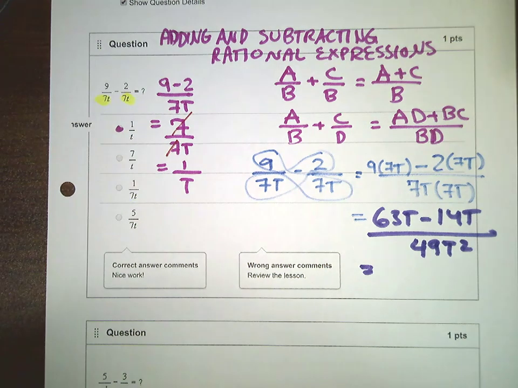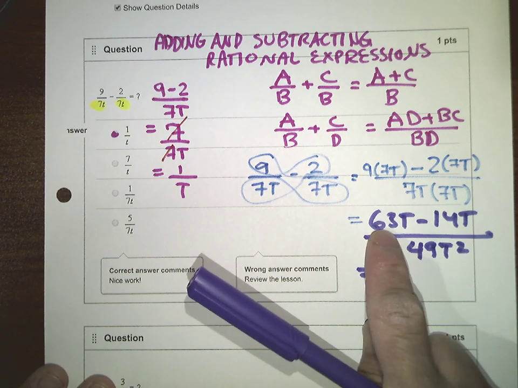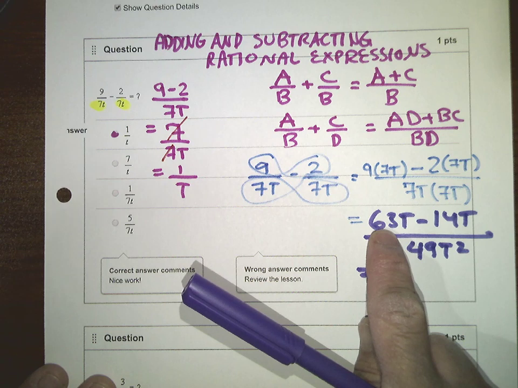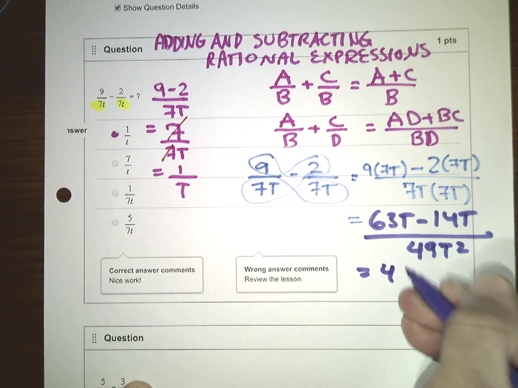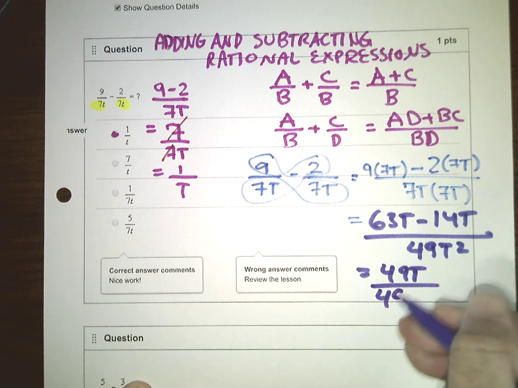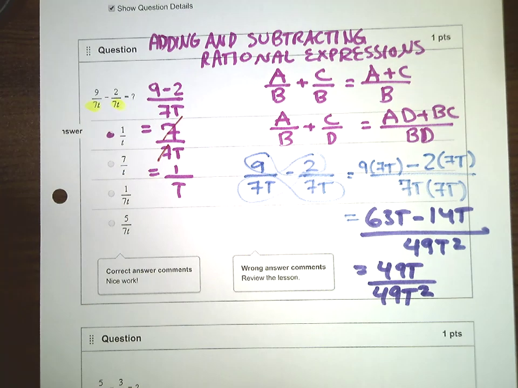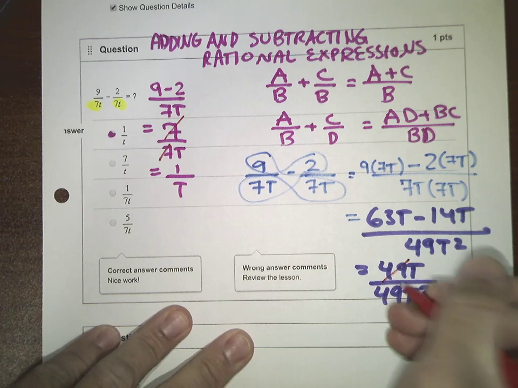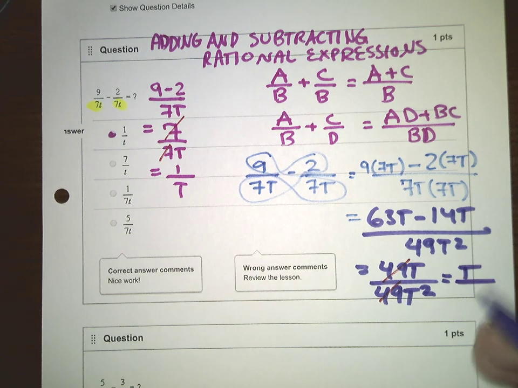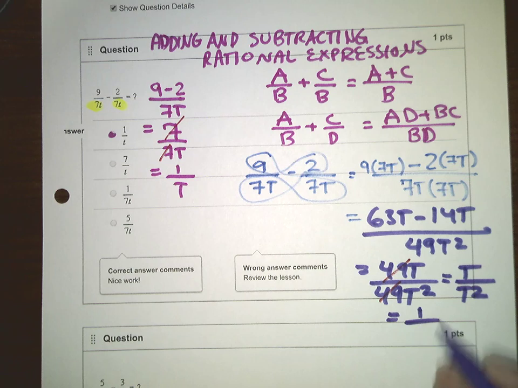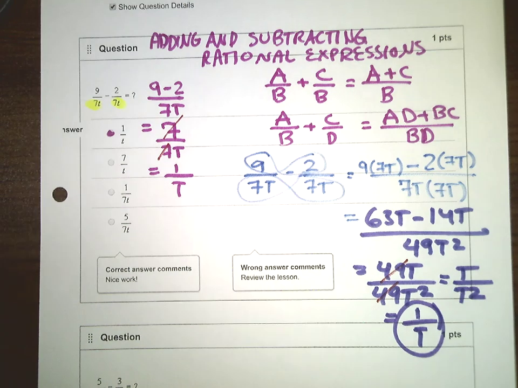And then you have to go ahead and subtract the 14t from the 63t, right? And so that would be, what would that be? That would be 49t over 49t squared, and then the 49s divide out, so you have t over t squared, but then one of the t's divide out, so it's 1 over t, and you still get the same result.